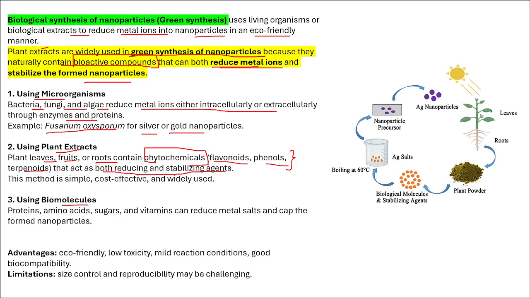Then using biomolecules, if you go through the academic journals, the research papers that are currently being published, and those specifically highlighting green synthesized nanoparticles, you would see a lot of protein based, amino acid based, or sugar based nanoparticles, like chitosan nanoparticles, PLL nanoparticles, BSA nanoparticles, HSA nanoparticles.